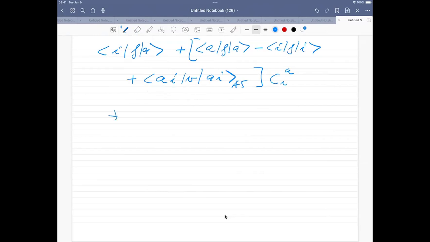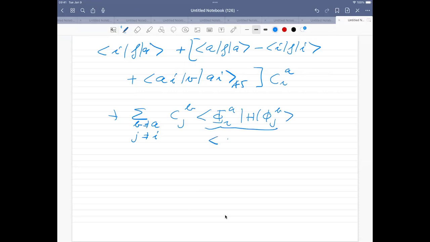Then it has the term B different from A and J different from I. And now I have the unknown coefficients, and I have a phi of IA, of H, of phi of J, B. So this term here translates into a specific matrix element, which becomes equal to A of J, of V, and B of I, anti-symmetrized.